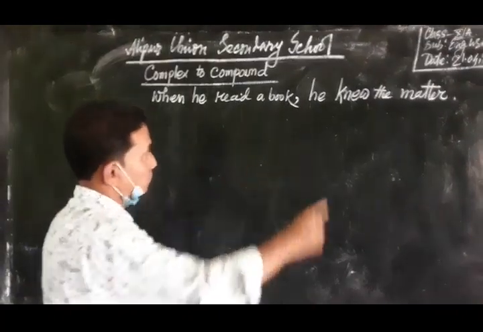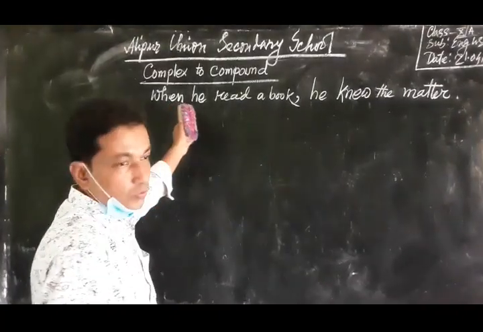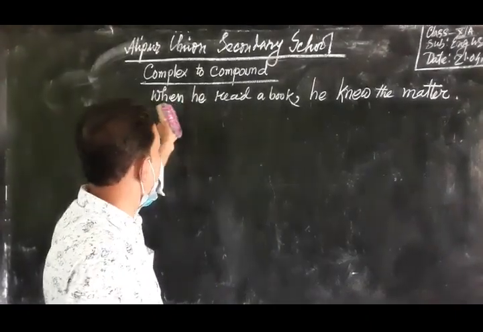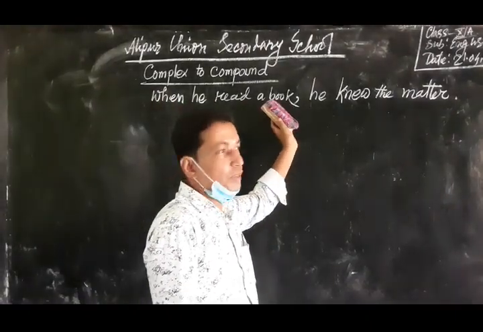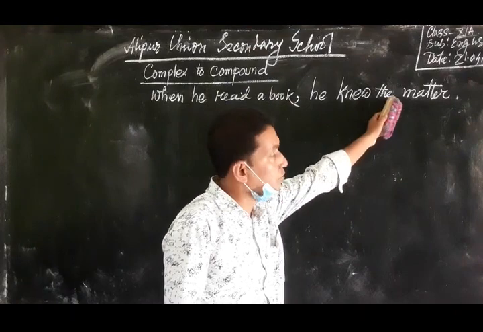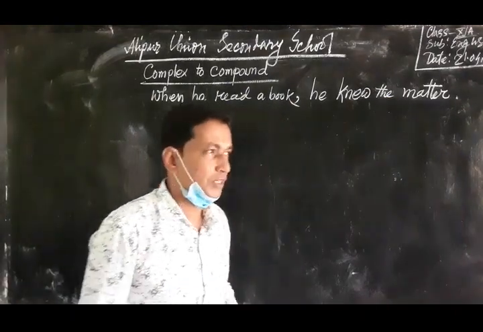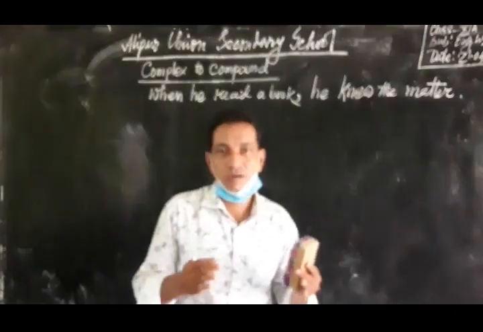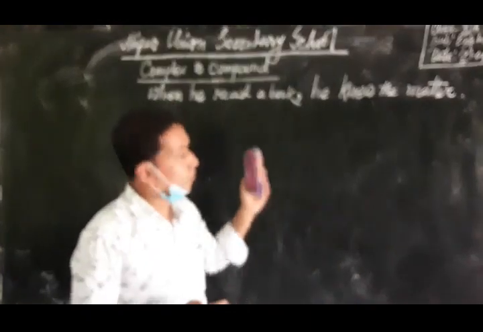This is a complex sentence because there are two clauses: when he read a book, this is the subordinate clause, and he knew the matter, this is the principal clause, and these two clauses are arranged in the complex sentence.